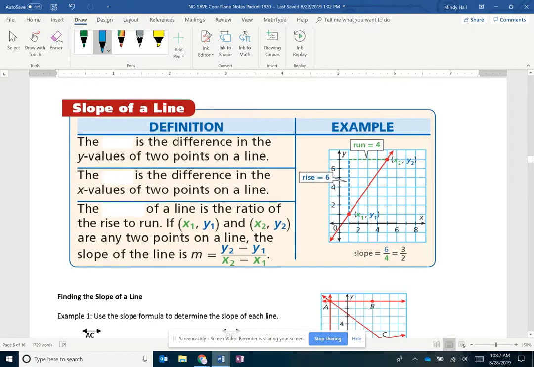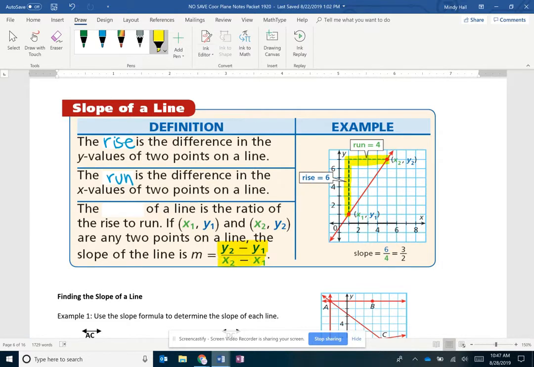With slope of a line, the rise is the difference in the 2 y values. So looking at this picture, my rise would be how far up do I go, which would be y2 minus y1. That's this part right here. The run is the difference between the x values of 2 points. So the run is over here. It's left and right.